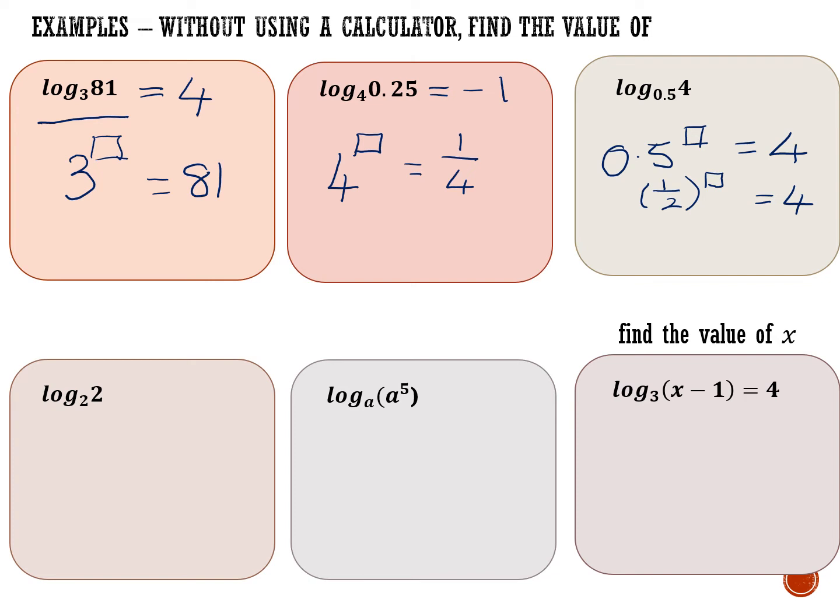Well, this isn't a fraction, so I'm going to have a negative power so that I make that half into a 2. If it was -1, it would be 2. It needs to be 4, so it's going to be -2. If I do half to the -2, I'm going to do 1 over that, and I'm going to square it, so that's right.